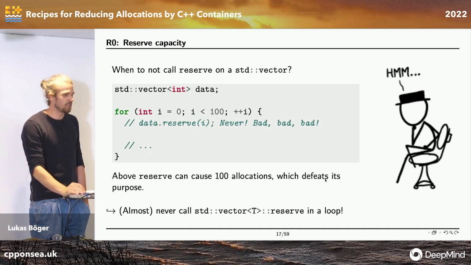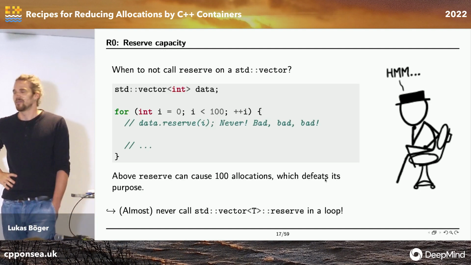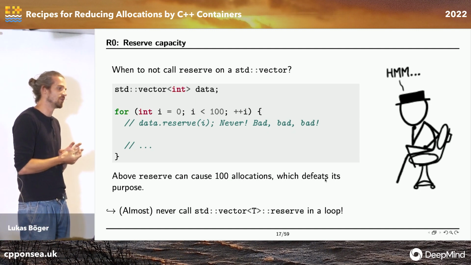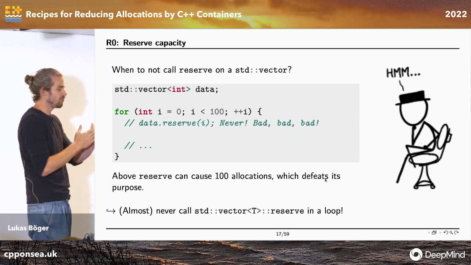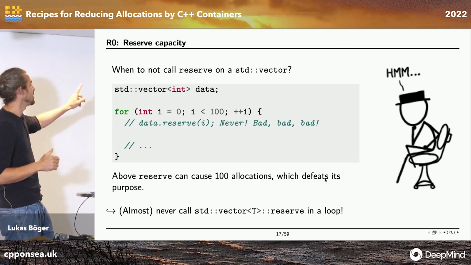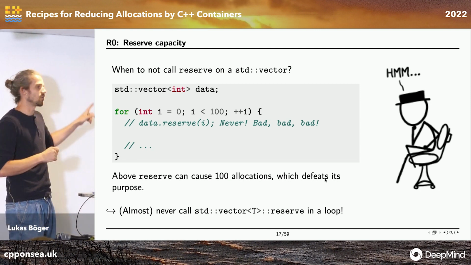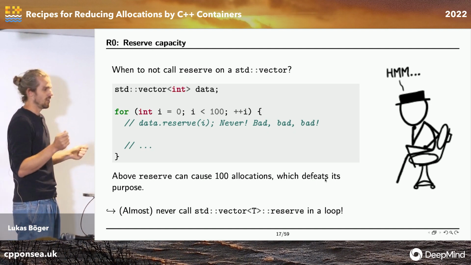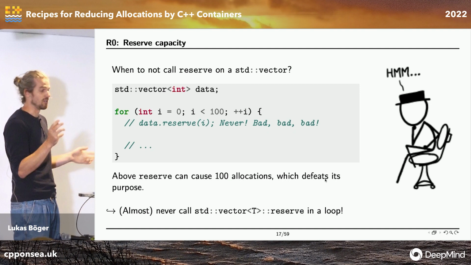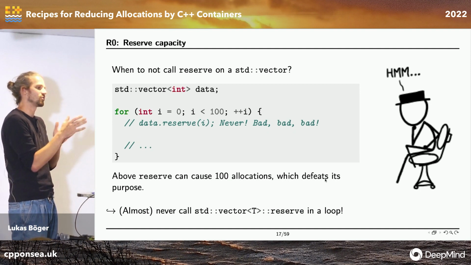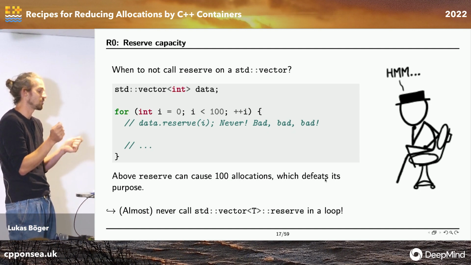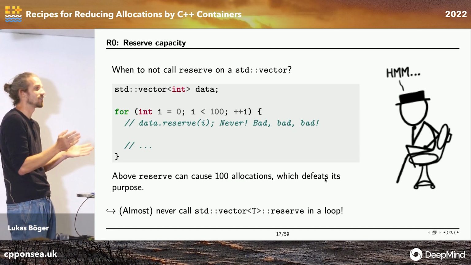So we shall almost never call reserve in a loop, because if we were to comment this line in, we destroy the exponential growth of the vector's buffer, and we allocate 100 times, or could be a bit less because the vector isn't really constrained to give us exactly this buffer size that we request, but it's bad.